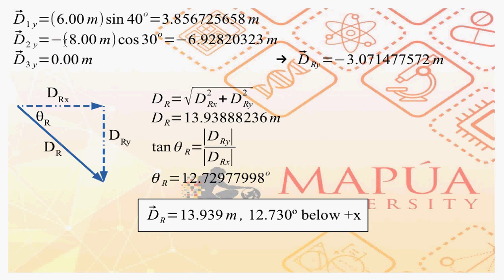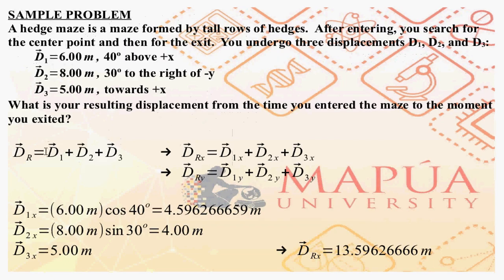D2y is negative y direction. Going back to the previous slide, D2 is 8 meters 30 degrees to the right of negative y. If you look at the y component, it is in the negative y direction. To the right of negative y, so negative y direction. The y component of D2.